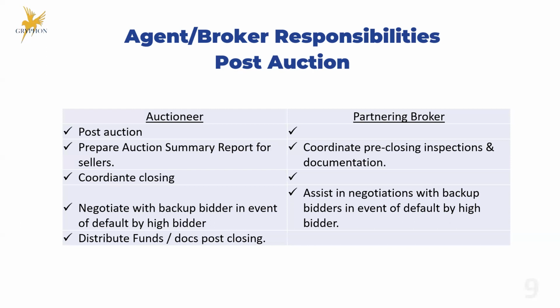On your side, you're going to coordinate any pre-closing inspections. We usually do not have those. This is usually non-contingent with no inspections, but if so, you are the folks on the ground. And then assisting in negotiation with the high bidders in the event that we're in a jurisdiction where we are restricted to only being able to conduct or facilitate an auction. It depends on the state, and in some cases it depends on even the city with city licensing.